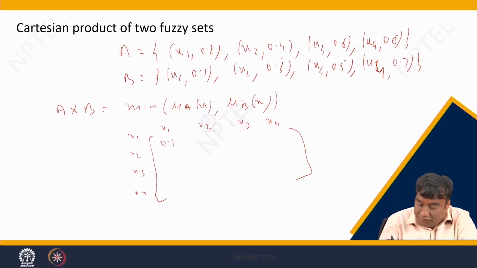Minimum of 0.2 and 0.3 is 0.2, then 0.2, 0.2.